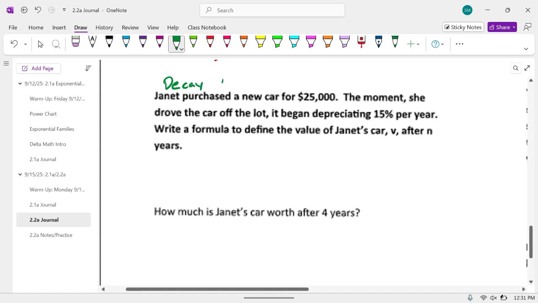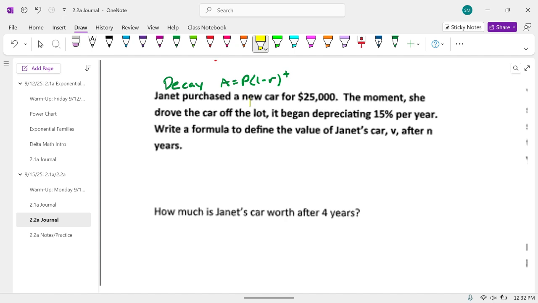So we're going to use A is equal to P times 1 minus R to the T power. Some important information: the new car was $25,000, it was depreciating 15% per year, and we want the value of Janet's car V after N years. We're going to do the exact same thing that we did for the previous one.